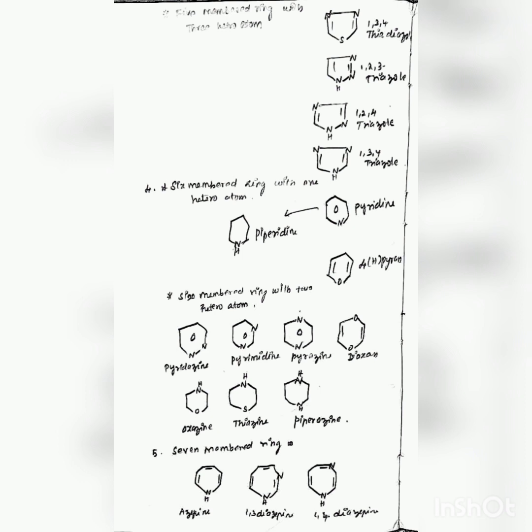If oxygen and nitrogen are present in the 1 and 4th positions, it is known as oxazine. In place of oxygen, if sulfur and nitrogen are present in the 1 and 4th positions, then it is called thiazine. If nitrogen is present in the 1 and 4th positions and all the double bonds become saturated, with NH in the first position and NH in the 4th position, then it is called piperazine.